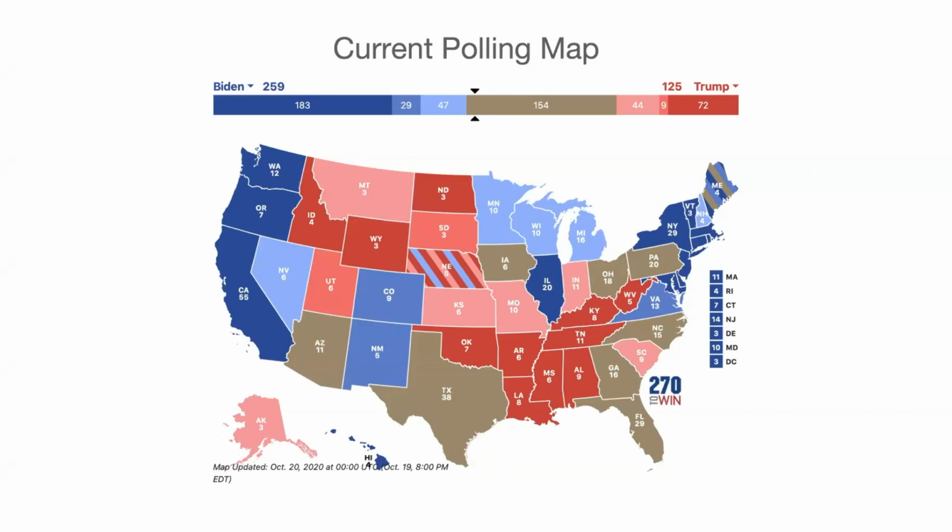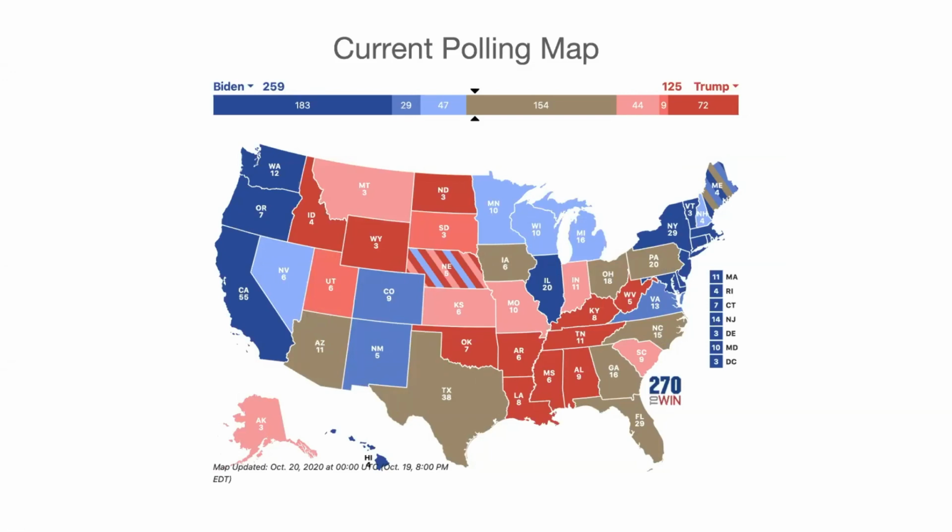And basically for now, the pollsters predict that Trump can only win if he wins a big majority of those swing states. So if we look at the map, this will probably be Texas, Florida, Arizona, Georgia, North Carolina, and Pennsylvania. This is enough for him to win.